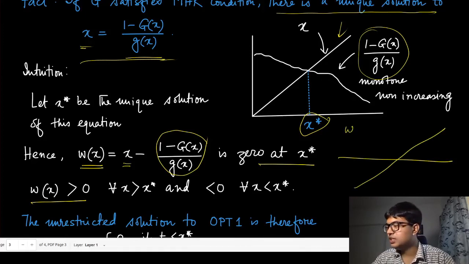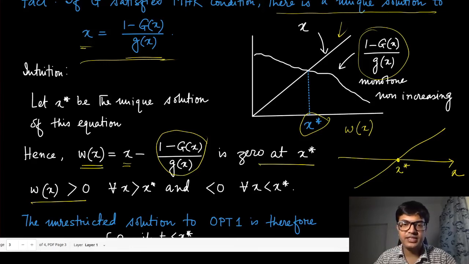So this is w(x) with respect to x, and we know that it hits the 0 point, assuming that this is the y-axis, at the point x star. Any x which is above x star, w(x) is positive, and anything below that, it is going to be negative.